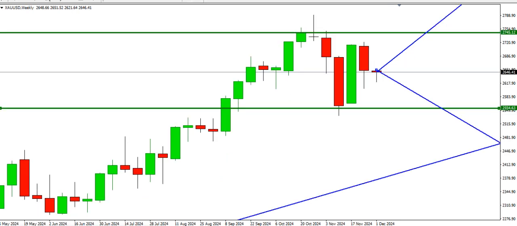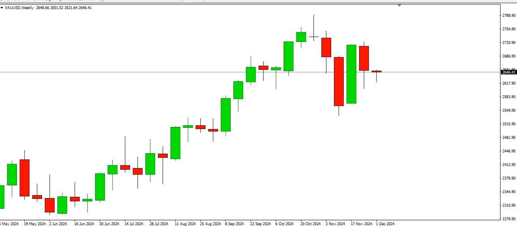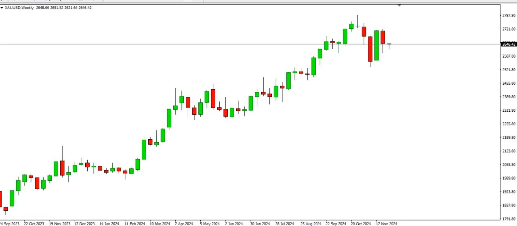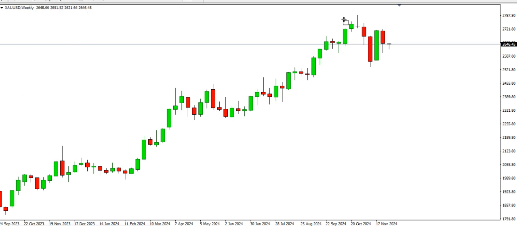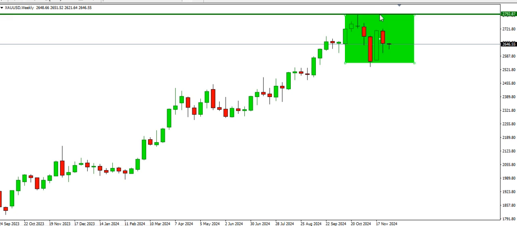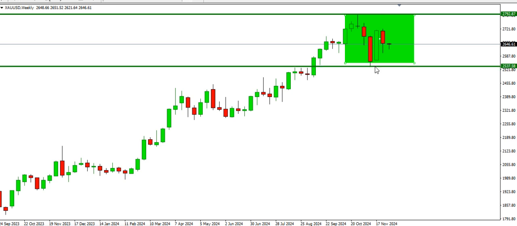On the weekly time frame, what do we have? Just like the monthly time frame, the weekly time frame has been trending up. But what we are looking at currently on the weekly time frame is a range. Price is ranging. The range high is at the all-time high, which is 2792, and the range low is around 2537.